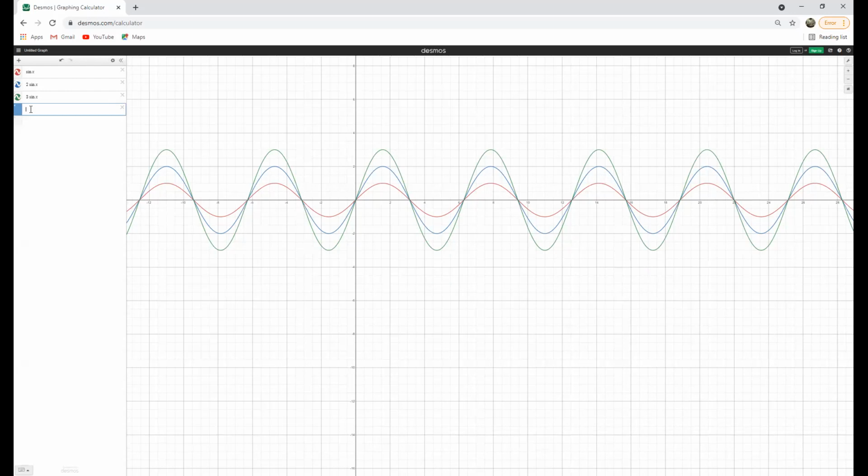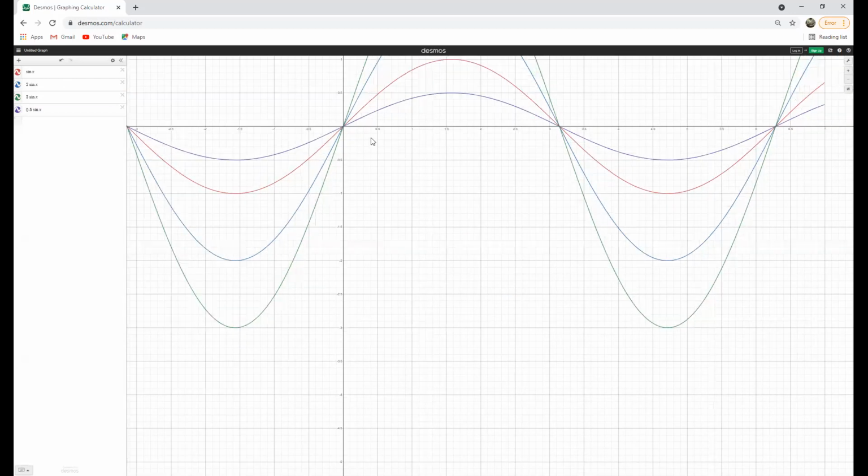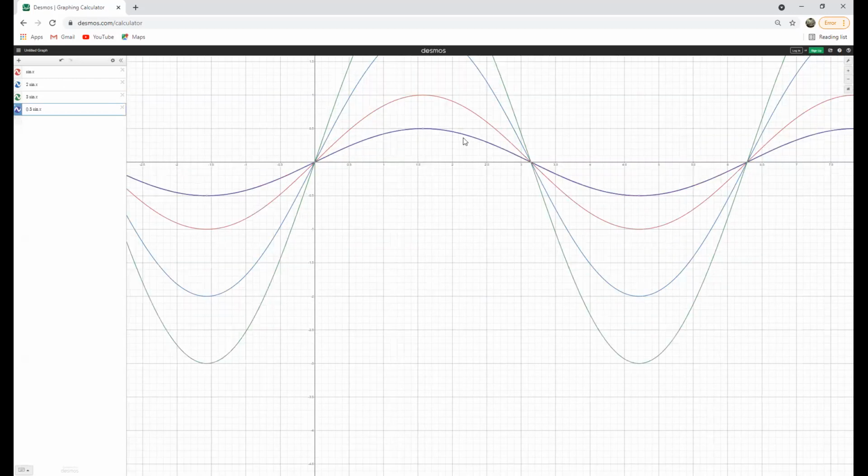You might say, hey, can I multiply this by a fraction? Yes, of course. 1/2 sine x is going to give you this purple function, which is getting closer and closer to the x-axis. As you can see, the range of this purple function is between -1/2 and 1/2.